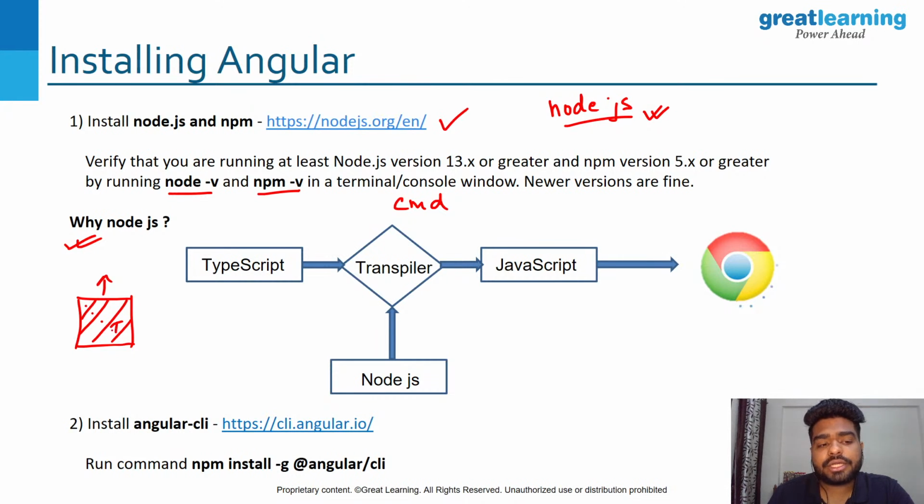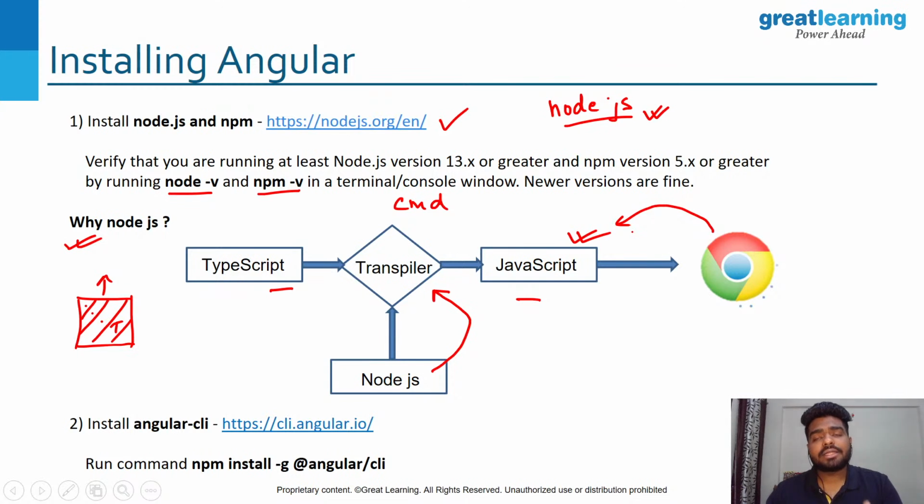So Node.js has a transpiler. The transpiler will convert your TypeScript into JavaScript, and thus this JavaScript code can be understood by your browser. So I hope now you understood the main point, why do we need Node.js? Because it uses the transpiler to convert our TypeScript commands into JavaScript so that the browser can understand that and my web page application will work in the browser.